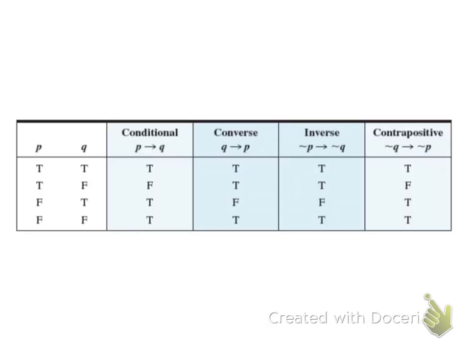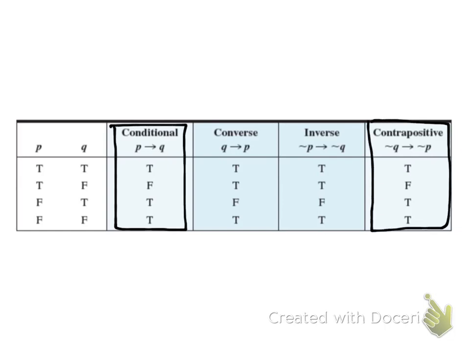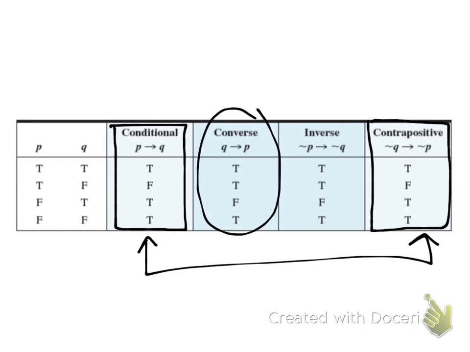So, in theory, if we look at their truth tables, it's the conditional and the contrapositive that have the same exact truth table. Do you see that? And it's the converse and the inverse that have the same exact truth table.